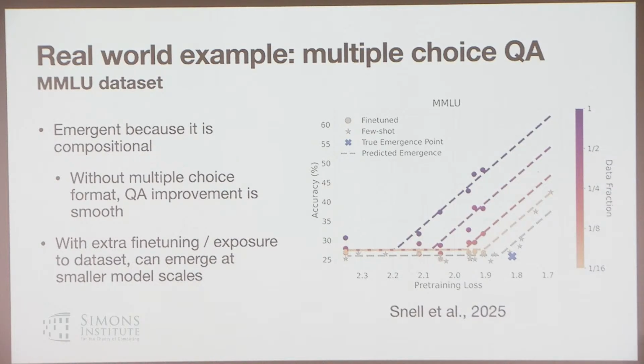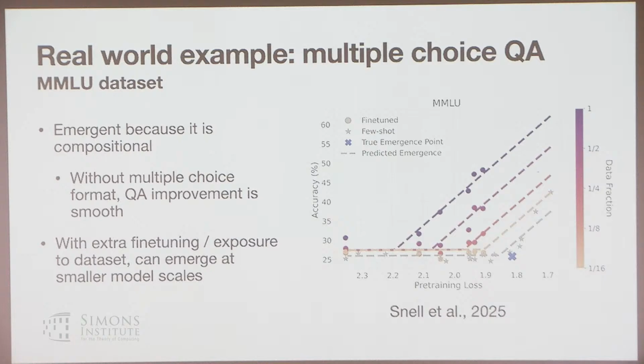So the issue here for most models is that the model literally has to compose the format with the knowledge base that it's using. That's where the actual latent reasoning has to happen, in handling the multiple choice format, and either you pick up on that or you don't.